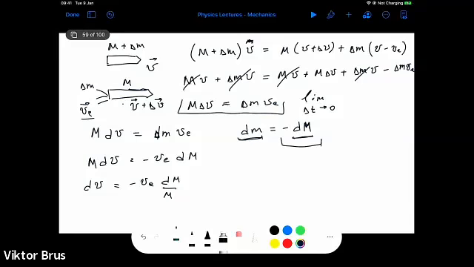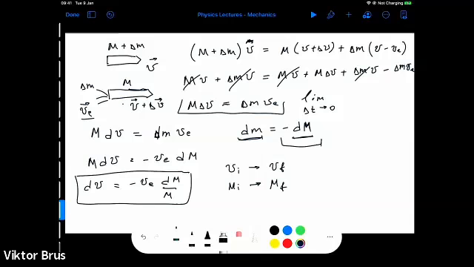Now we need to solve it, and we can integrate the left and right parts. Assume that for the initial conditions we have velocity V initial, then it goes to V final, the final velocity. And the same for mass: initial mass of the rocket and final mass of the rocket. Okay, let us rewrite this differential equation on the next slide and solve it.